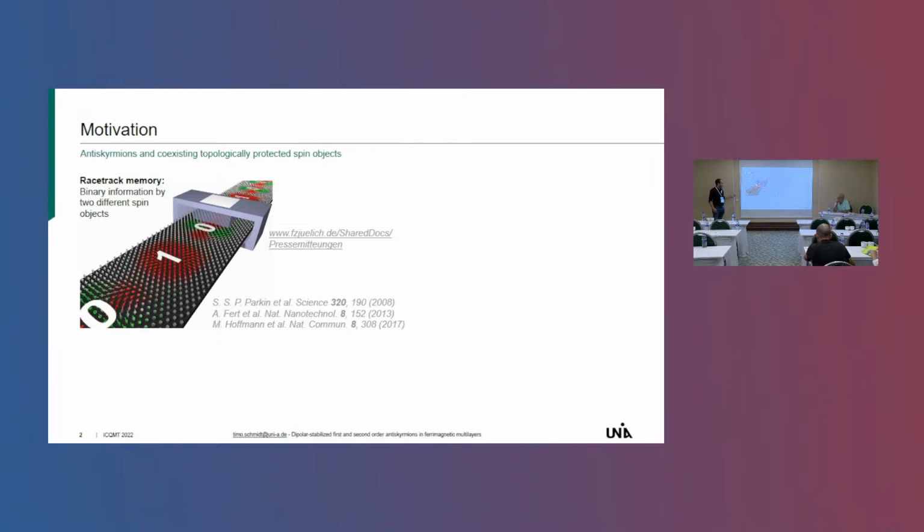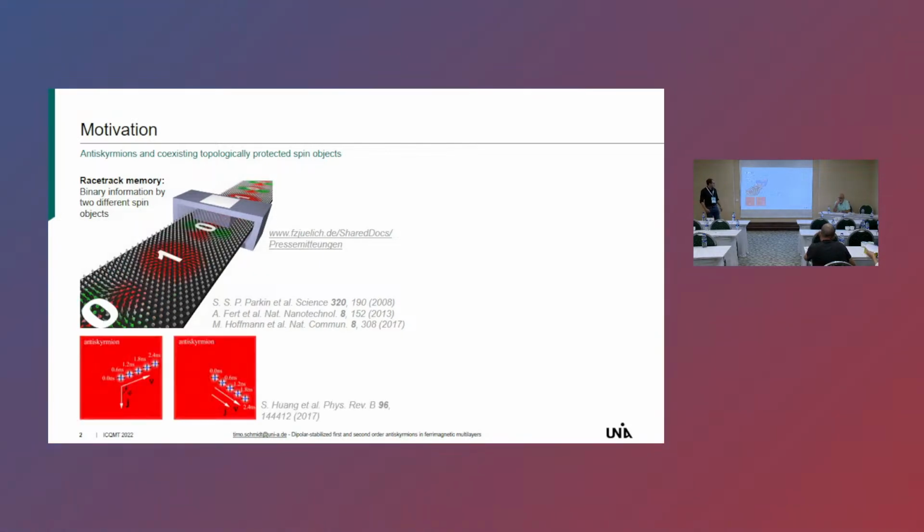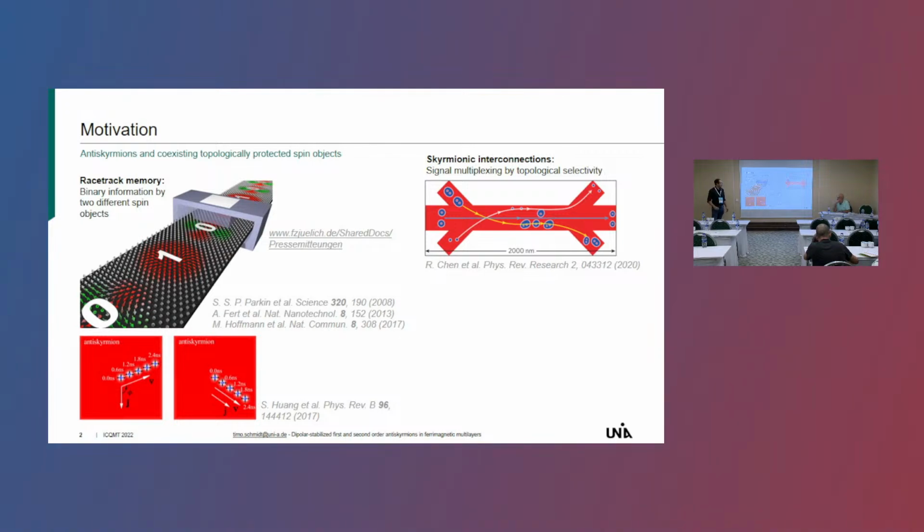Another thing that is holding racetrack memories back is obviously the Hall effect, which deviates the skyrmion when it's driven with a current that is spin polarized in one direction. So it could annihilate at the edge, and we don't want that. But we can also use that skyrmion Hall effect to our advantage, for example, in these skyrmionic interconnections, where you could say that these particles with no topological charge, so no skyrmion Hall effect, could travel straight through, and these other spin textures with a negative or positive skyrmion Hall angle would move to the sides.